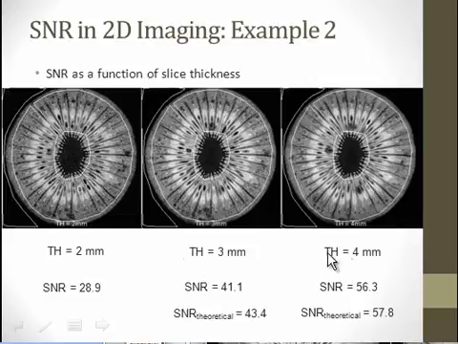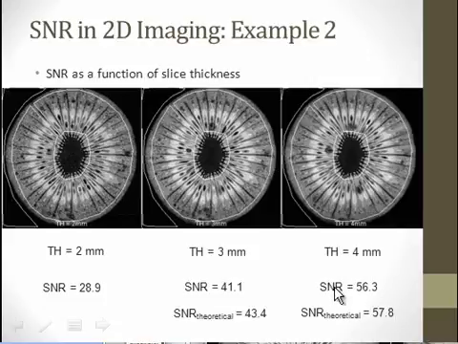Remember the equation that I showed you before: the SNR in 2D imaging is directly proportional to the slice thickness. So if I double my slice thickness, going from 2 to 4, I should double the SNR. Theoretically, in this image my SNR should be twice what it is at 2 millimeters, or 57.8. See, we almost make it.